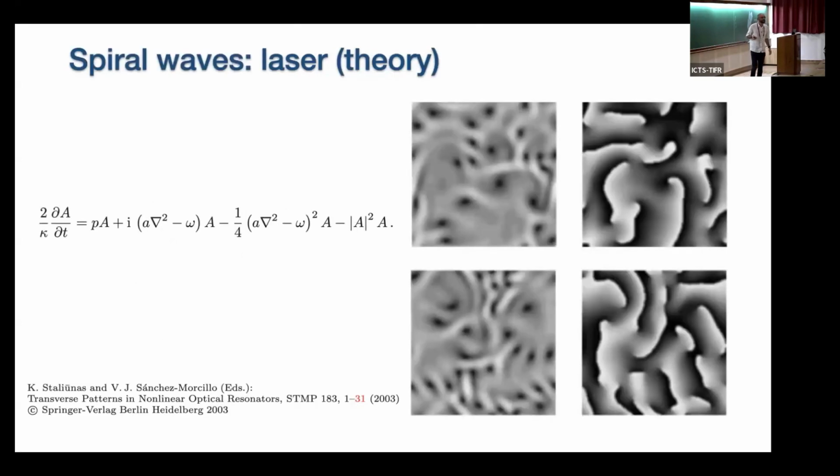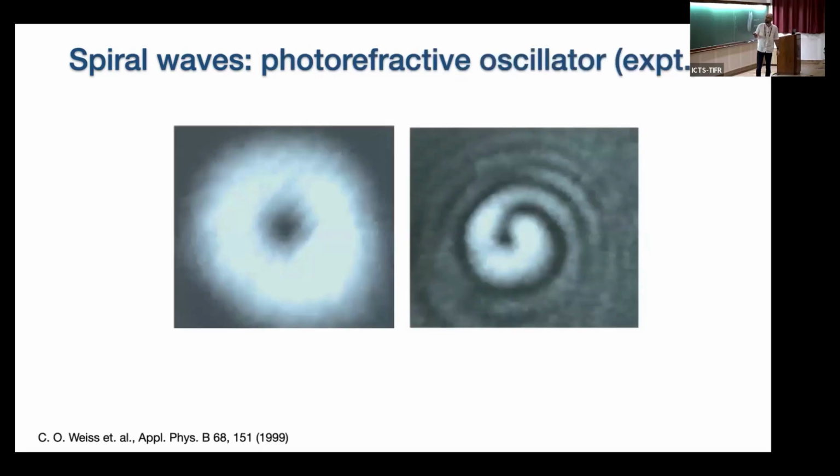So in optical systems, theoretically, this has been addressed also quite some time ago. So this is a paper or a book from 2003. And so, maybe the picture is not very clear, but also here they describe this spiral wave formation of vortices.